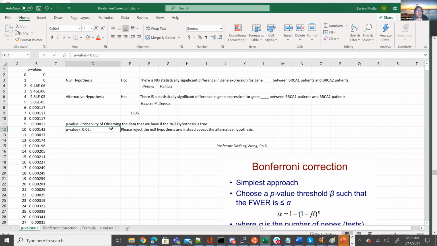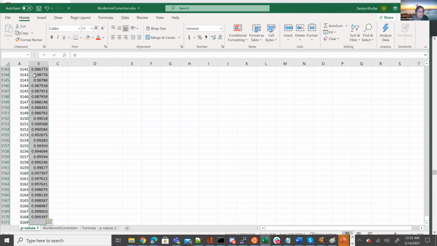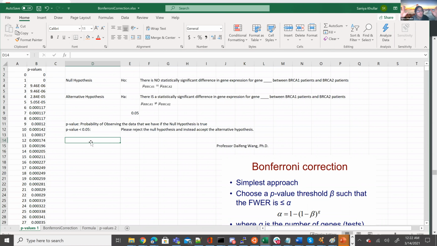But the issue of multiple test correction comes from the fact that we are performing this 3,170 times. So we need to correct for this. We have to pool together those p-values and use a family-wise error rate, typically called FWER, instead of 0.05.